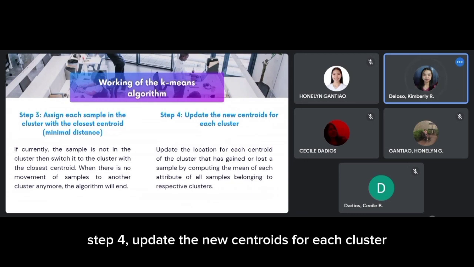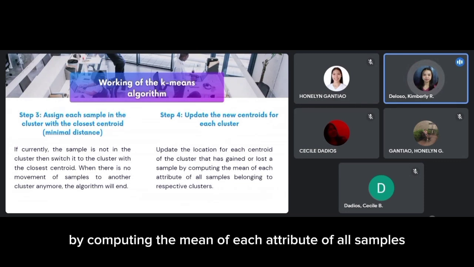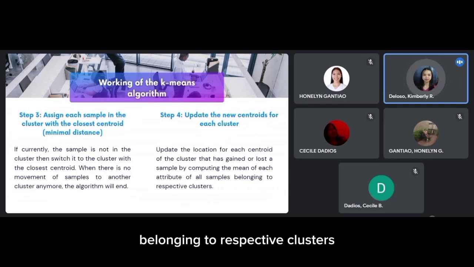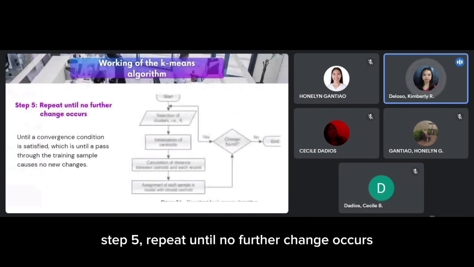Step 4. Update the new centroids for each cluster. In this step, the locations of centroids are updated. Update the location for each centroid of the cluster that has gained or lost a sample by computing the mean of each attribute of all samples belonging to the respective clusters. Step 5.